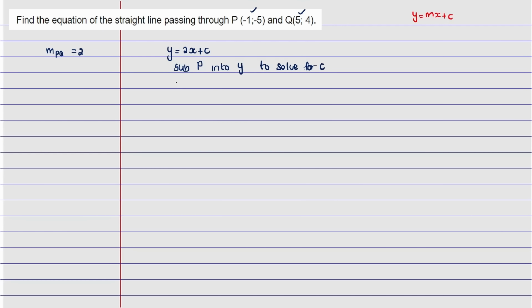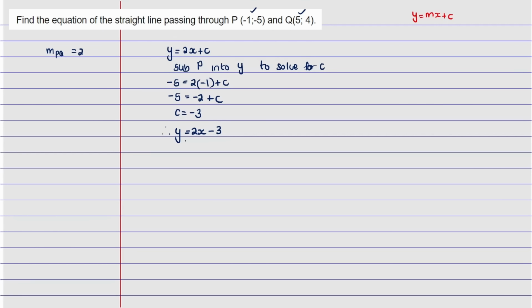So it's -5 equals 2 times -1 plus c, so -5 equals -2 plus c. Then -5 plus 2 is equal to -3, so c is equal to -3. Therefore, your equation is y equals 2x minus 3.